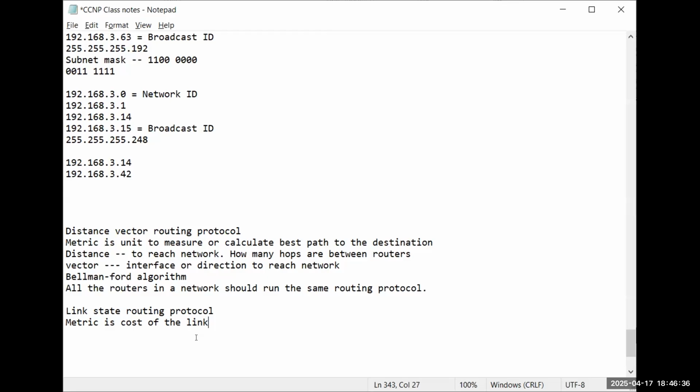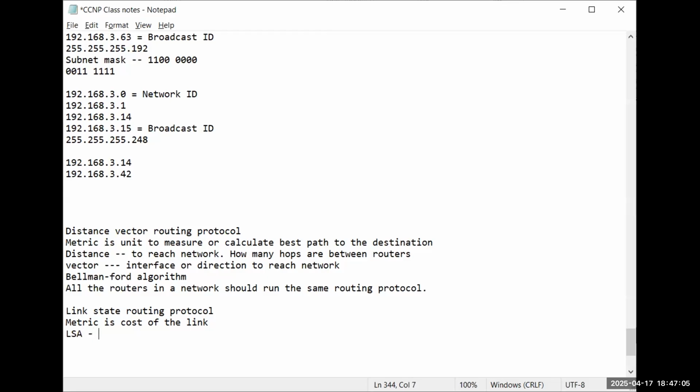So these link state routing protocols are majorly used at the enterprise level, high-end level, or service provider end. Say OSPF is one of the link state protocols. OSPF is going to advertise its information with the help of LSA packets.